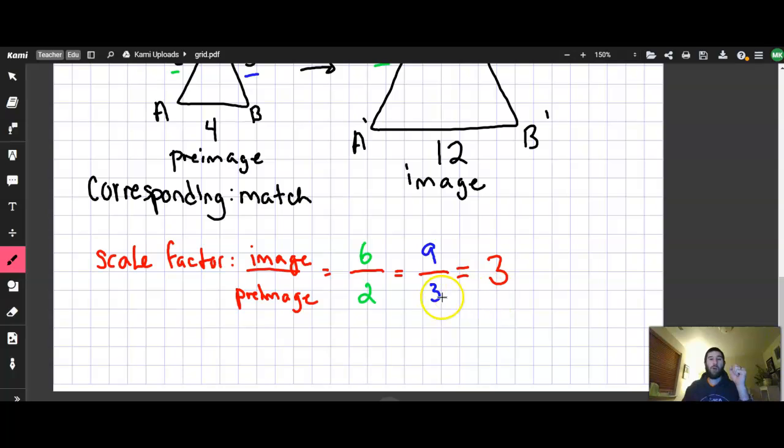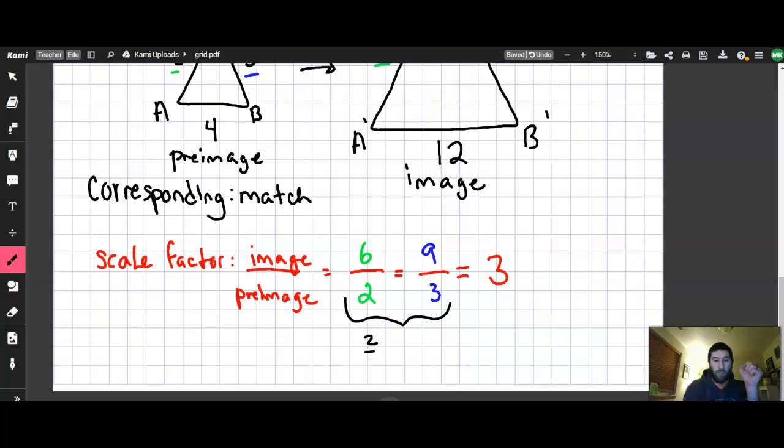Ladies and gentlemen, could you have put the 3 and the 2 on top? Sure. But the thing I need to remind you is that if you do that, while these fractions are still equal to one another, that is no longer your scale factor. So let me clarify.